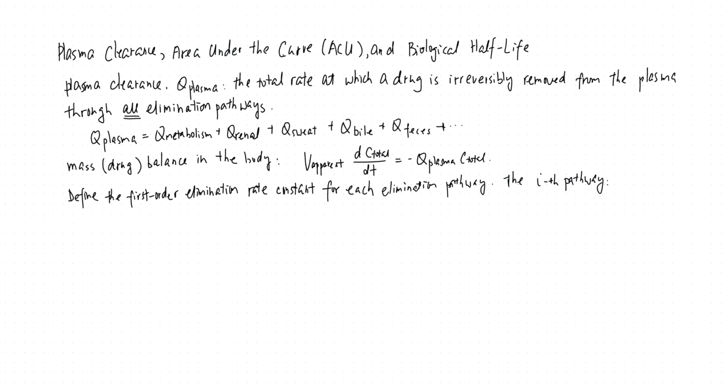Then the ith pathway's elimination rate constant is little k_i, equal to Q_i, the respective clearance rate for that pathway, divided by V apparent.